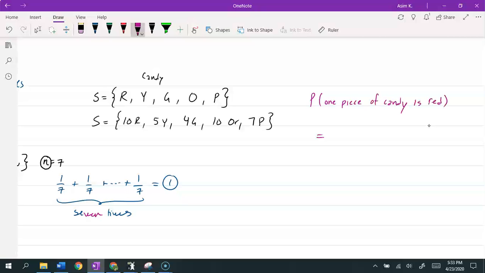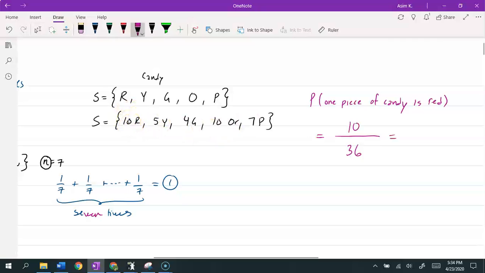Well, then you would say, let's count up the sample space. And the sample space is not 5. You really realize that. There's 10 of the red, so 10 plus 5 is 15, plus 4 is 19. 19 plus 10 is 29. 29 plus 7 is 36. So there's really 36 overall. Now, how many of these happen to be red? There's 10 of them that are red.